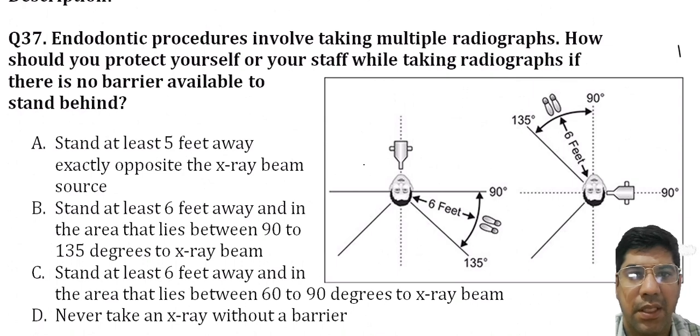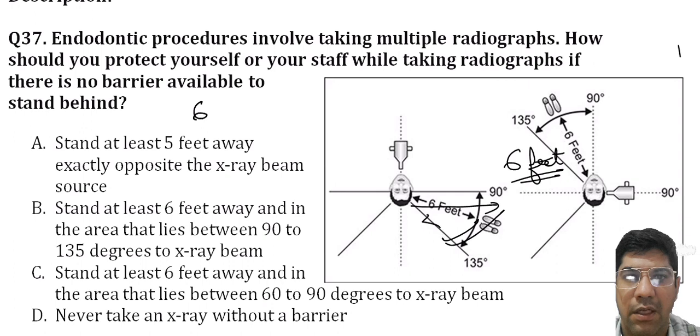An endodontic procedure involves taking multiple radiographs. How should you protect yourself or staff while taking radiographs if there is no barrier available to stand behind? So while taking radiographs in an endodontic procedure, if there is no barrier available to stand behind, it is important to stand at least 6 feet away, in an area that lies at an angle of 90 to 135 degrees to the X-ray beam.